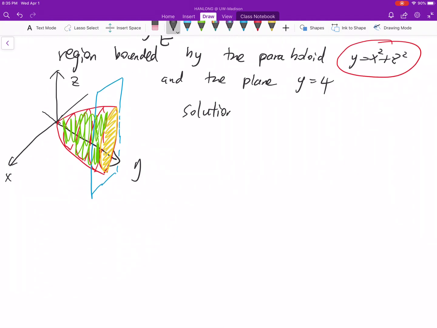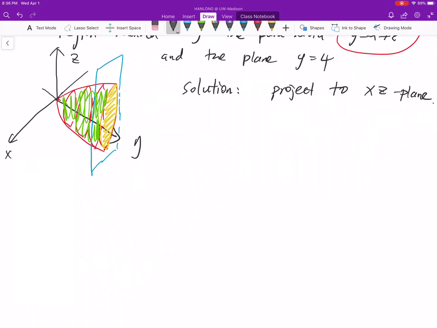So first step, from your geometric intuition, you should project to the blue plane, the xz plane, and then you expect the region is region D in the xz plane.